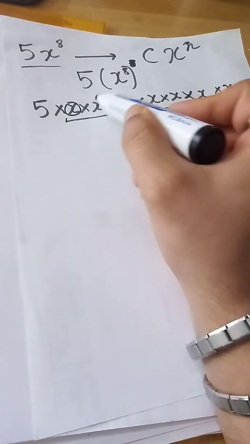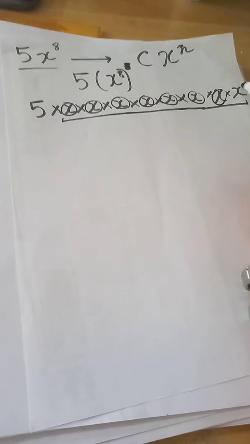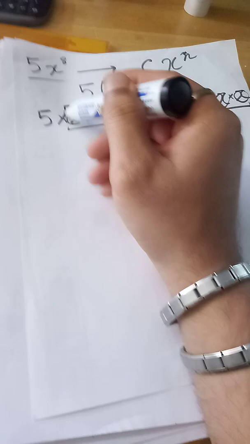So 1x, 2x, 3x, 4x, 5x, 6x, 7x, 8x: x multiplying with itself 8 times, and then multiplying with 5.